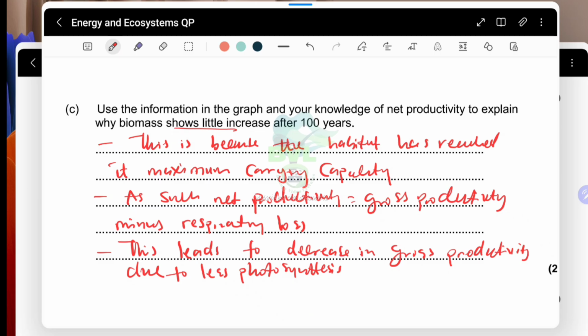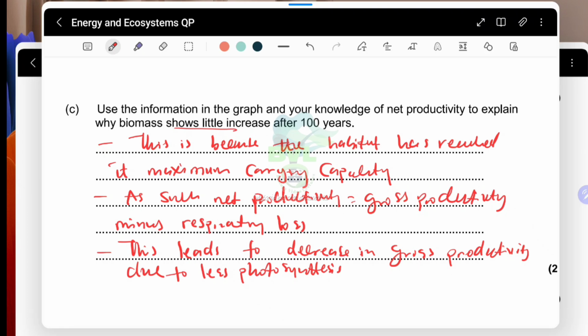So with the organisms there, you have to know that net productivity is the real productivity after you have subtracted respiratory loss from gross productivity. Let me explain this. When you go to market to buy something, your net profit is really your profit after you have subtracted all your expenses from your gross capital.